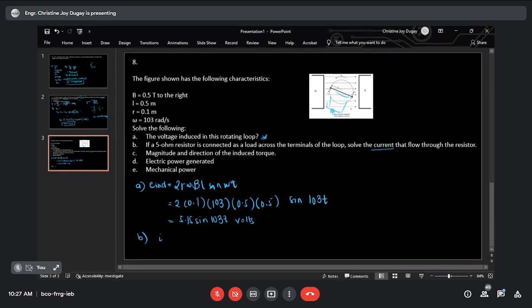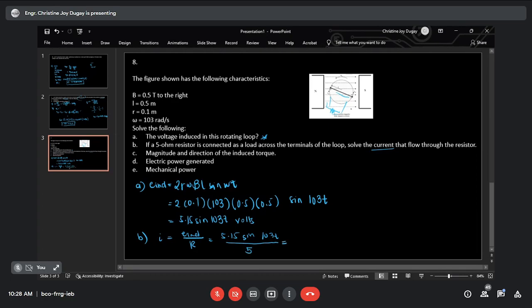So, ang I natin ngayon, since parehas sila ng voltage, divide lang natin siya kay resistance. So that is equal to 5.15 sine of 10^3 t, divide nyo siya kay R which is 5.